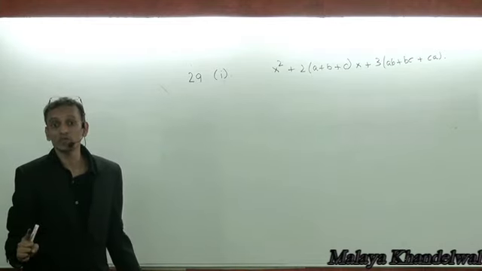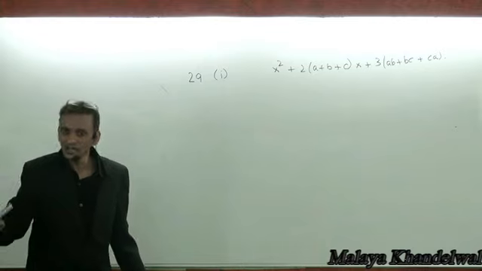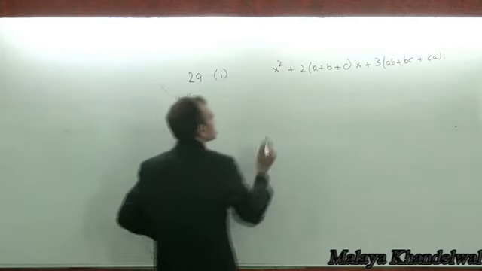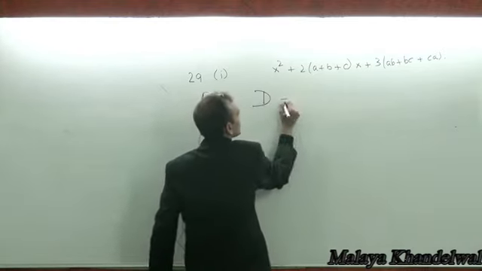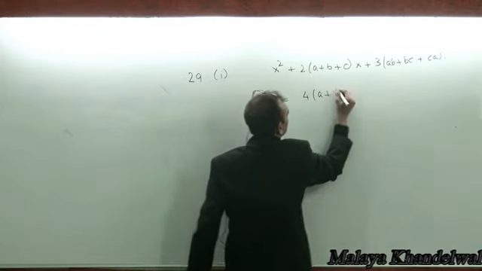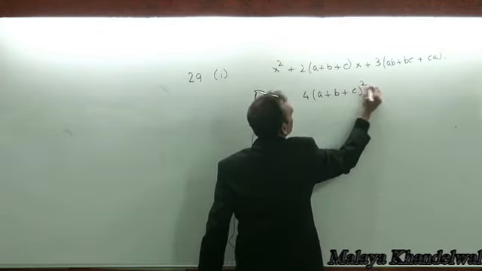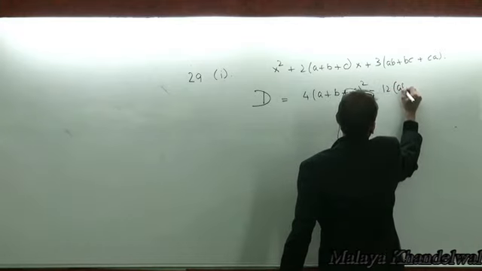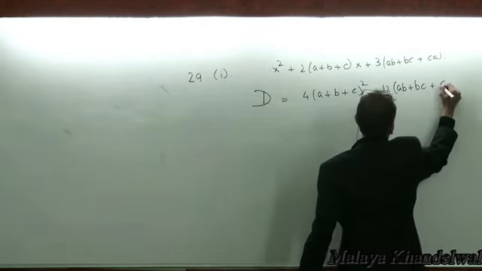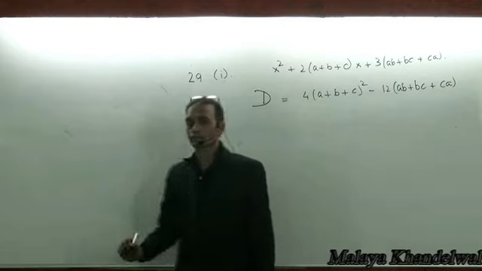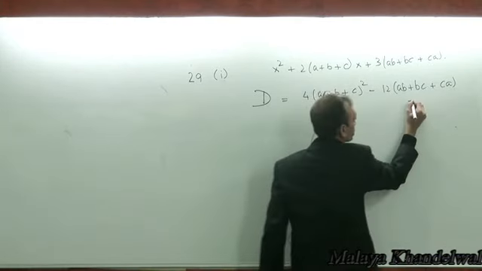When would this expression be a perfect square? If its discriminant is equal to 0. What's the discriminant of this? The discriminant of this is 4 into (a plus b plus c) whole squared minus 12 into (ab plus bc plus ca). This must be 0, right?